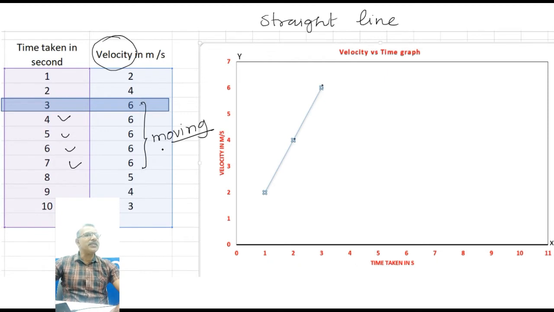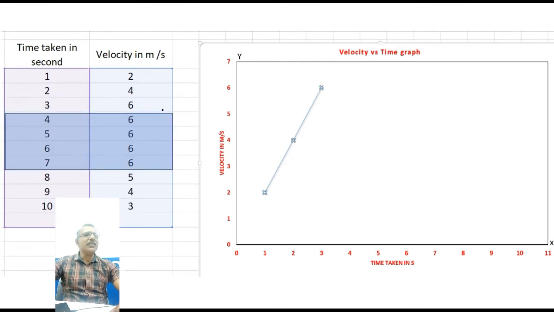So let us come back to these values now. Since a body is moving with a constant velocity or speed, now the next point, it is at 4th second, the velocity is 6 meters per second, and then 5th second, 6 meters per second, and then 6 meters per second here.